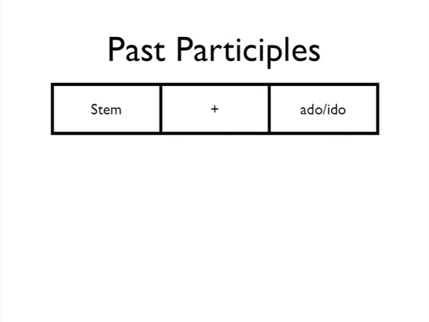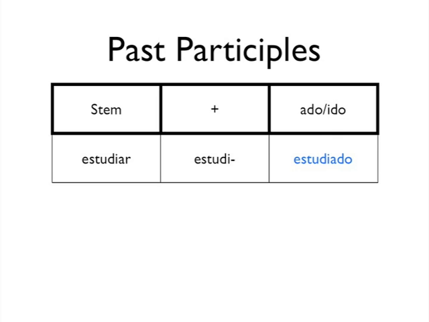So let's look for an example at the verb estudiar. What's the stem going to be? Estudi. We've taken off the AR. So since estudiar is an AR verb, do we add ado or ido? That's right, we add ado. So our final past participle looks like this. Estudiado.